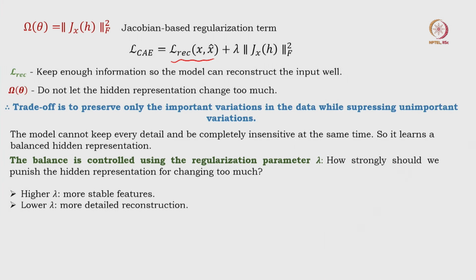The lambda decides how strongly we should punish the hidden representation if it is changing too much. The lambda can be a lower value or a higher value. If it is a higher value, we achieve more stable features. If it is a lower value, we get a detailed reconstruction.